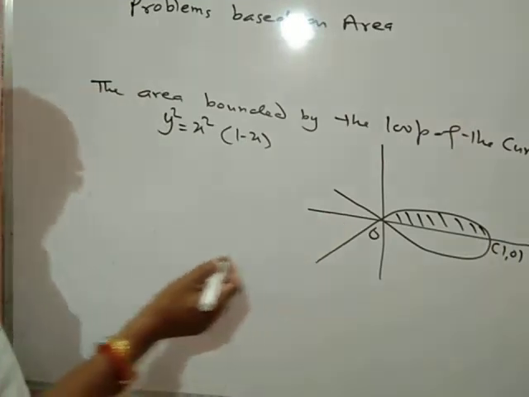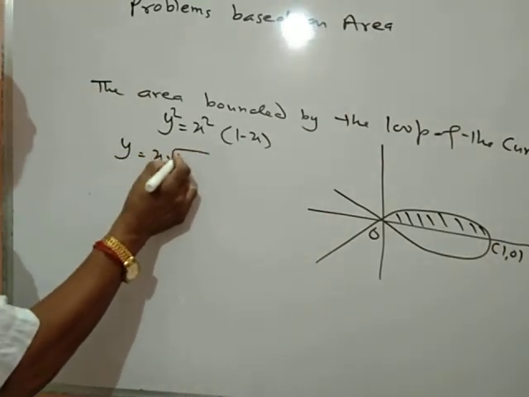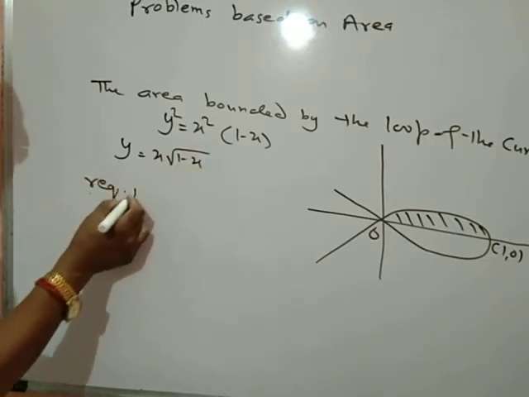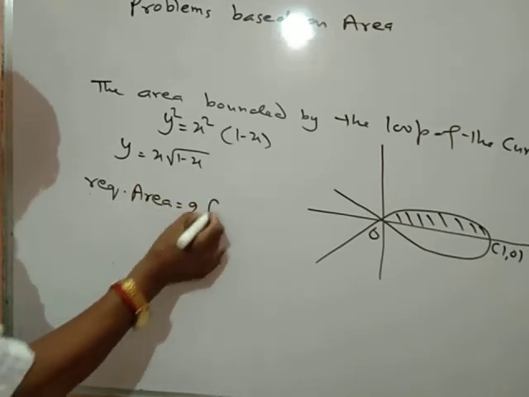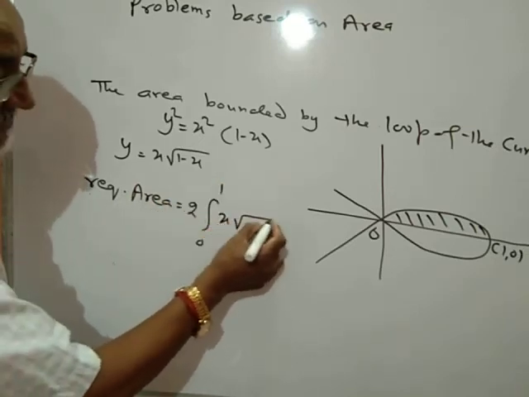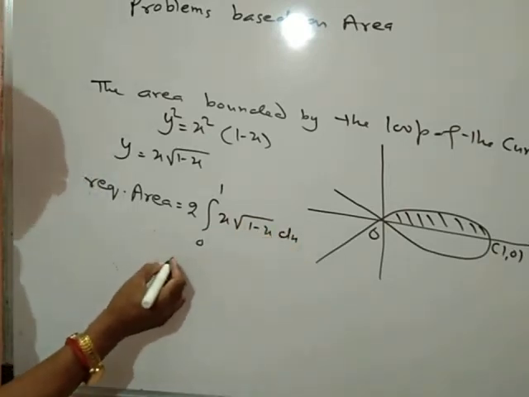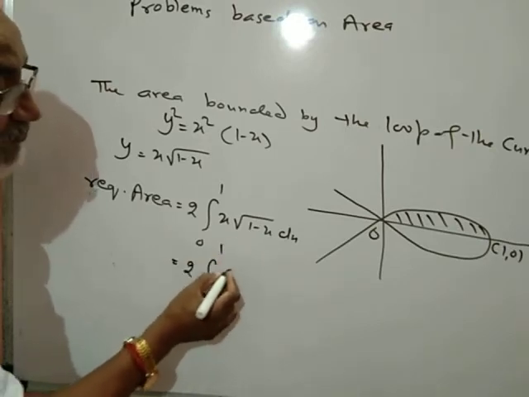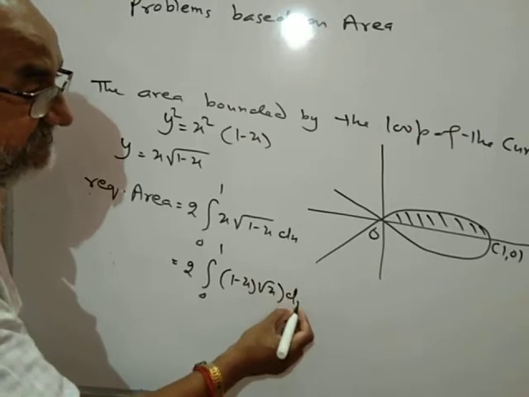So if we double this, y is equal to x under root 1 minus x. So required area is equal to 2 into integral 0 to 1 x under root 1 minus x dx. Use the property. So this is equal to 2, 0 to 1, 1 minus x into root x dx.